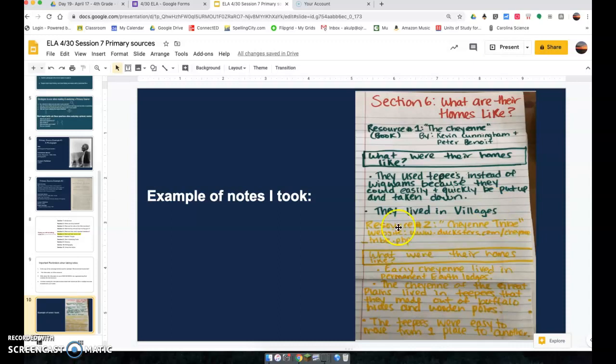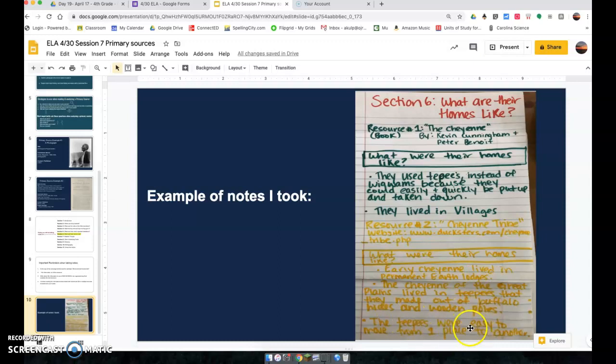You can see in yellow here, resource 2, Cheyenne Tribe, and it was taken from that Ducksters website that I'm sure some of you have used in your own research. Again, I noticed main idea, key details, so I have the box, what were their homes like, and the details I learned here were that early Cheyenne lived in permanent earth lodges, and it was the Cheyenne of the Great Plains that lived in teepees that they made out of buffalo hides and wooden poles.